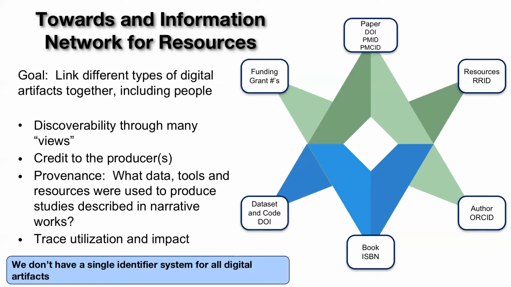But these identifiers and the relationships between them allow us to start to build a network around these resources, and provide the ability to discover and examine this landscape through different views. From a funding agency perspective, in terms of the grants they support, what resources are produced, which data sets are produced. It also allows credit to be given to the producers of a resource or data set.